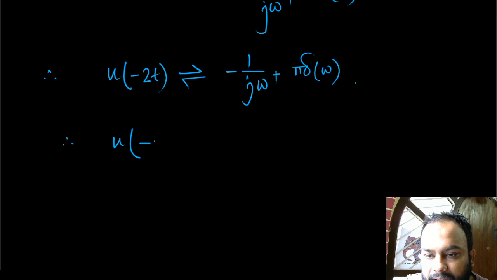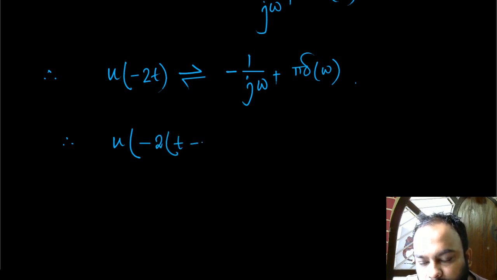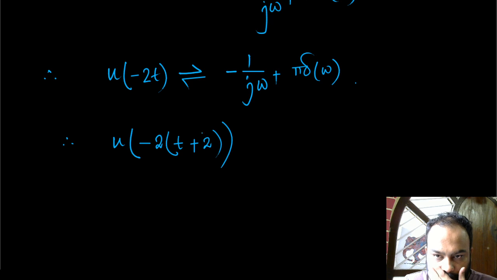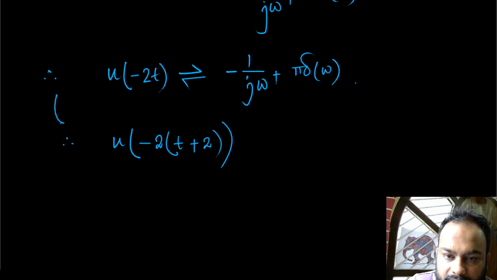So that's minus 2t plus 2, right? So that's the same thing from here to here. From here to here, what is this? This is just a time shift.